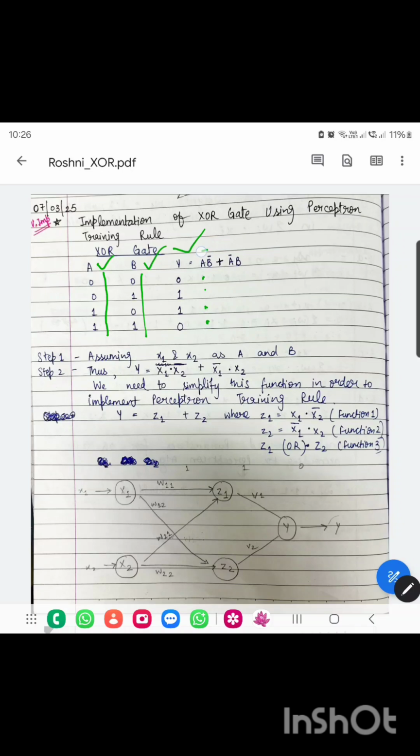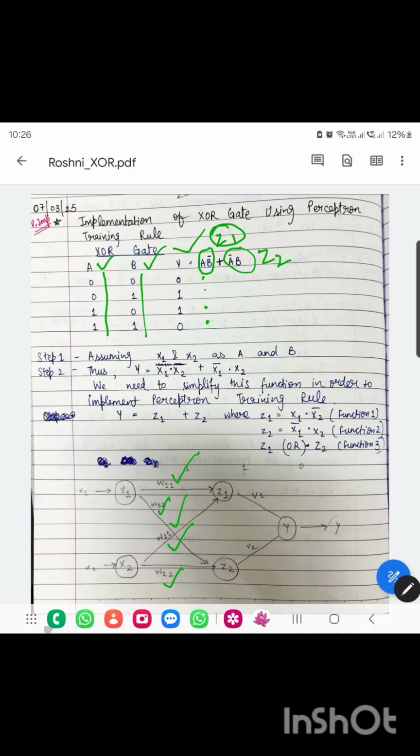But before that, we divide this as Z1 and Z2. So first we will find out Z1 and we will apply the weights for Z1, assume the weights for Z1. So for Z1 we have weight 11 and weight 21. For Z2 we have weight 12 and 22.